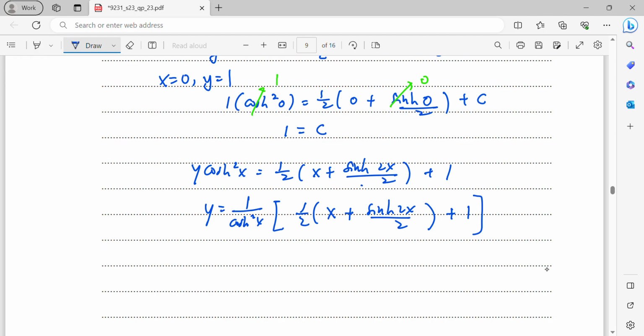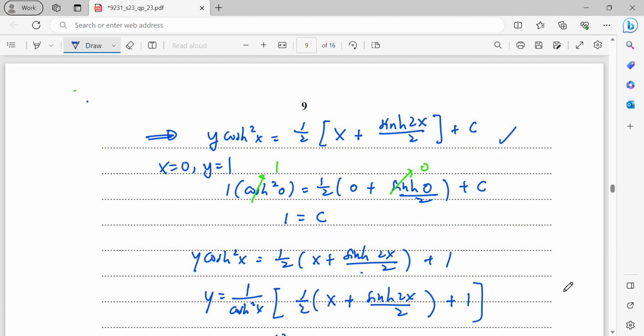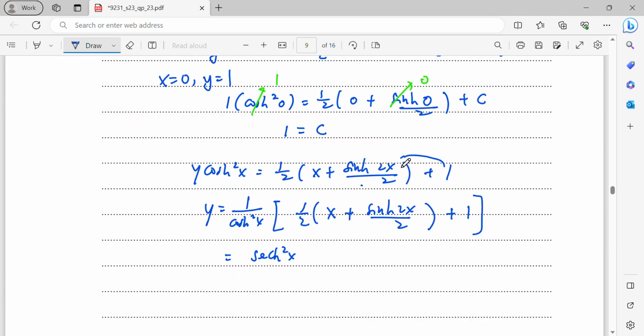Then this 1 over cosh squared x is basically sech squared x. Because I put my c outside, if you want to bring it in, it becomes plus 2. So to make it a better form, I will just write plus 2 and bring it into the 1 over 2.